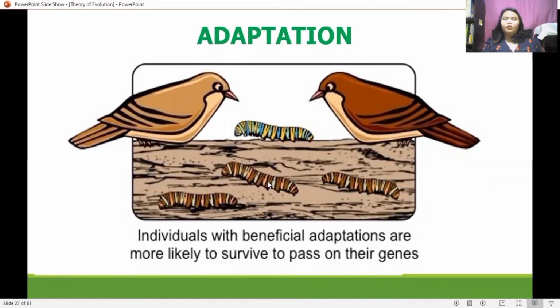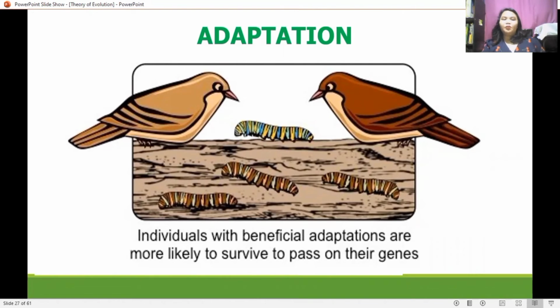There is a higher chance of survival for the brown caterpillar because they blend with the brown bark, so they are safer from the predators. Unlike the light-colored caterpillar, which can be easily targeted by the predators.